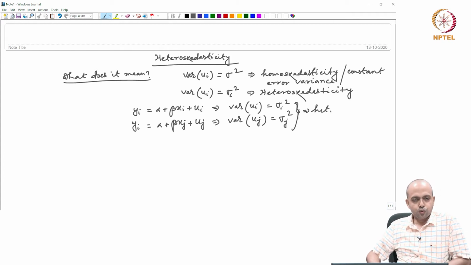Now, the question is, why does heteroscedasticity arise in the context of the data that you are going to estimate using your econometric model, right?